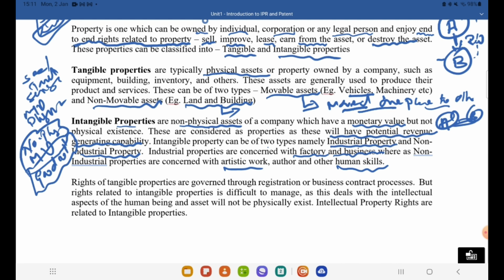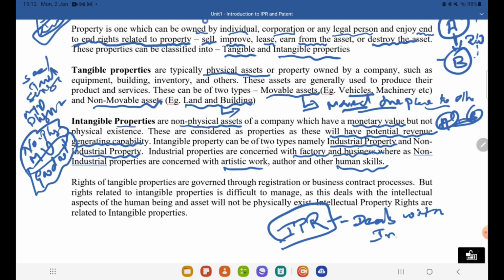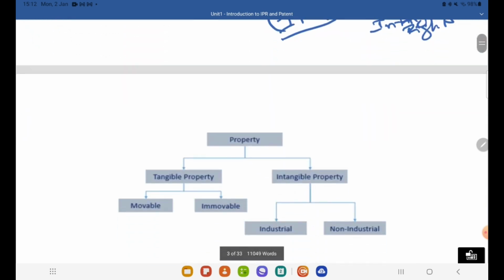So IPR, intellectual property rights, deals with intangible properties, but we will discuss this later in detail.